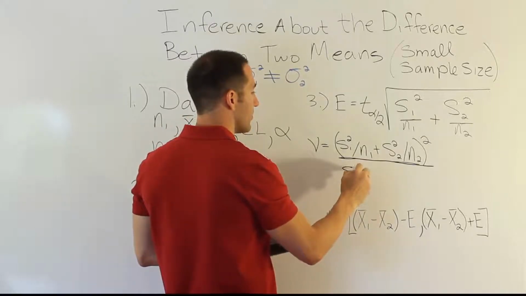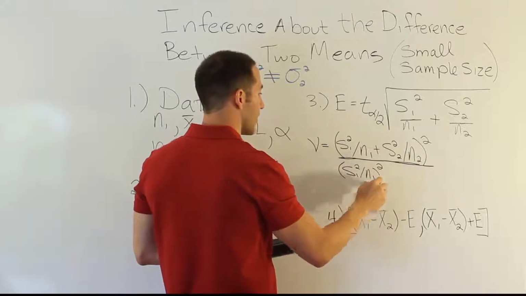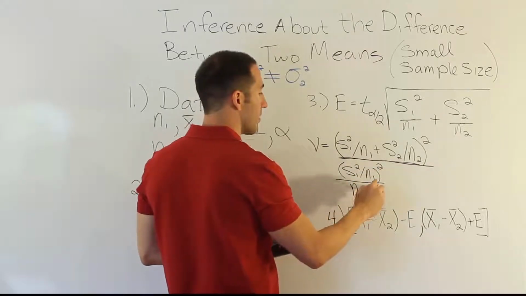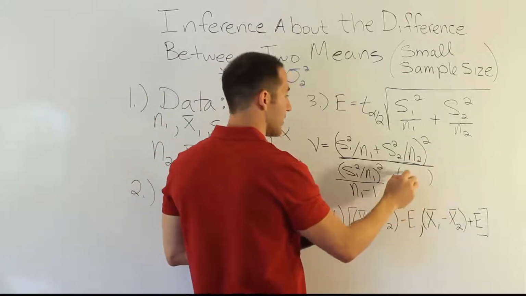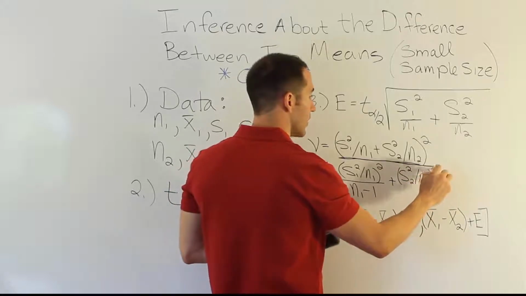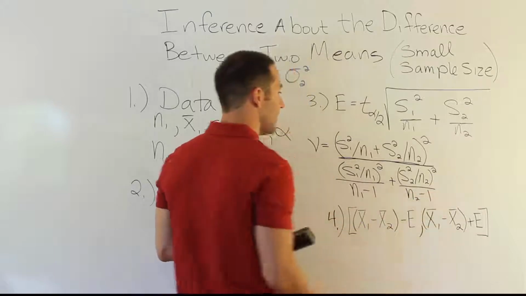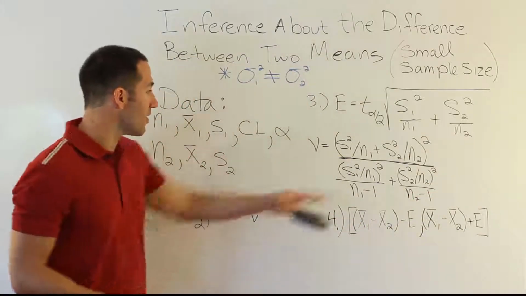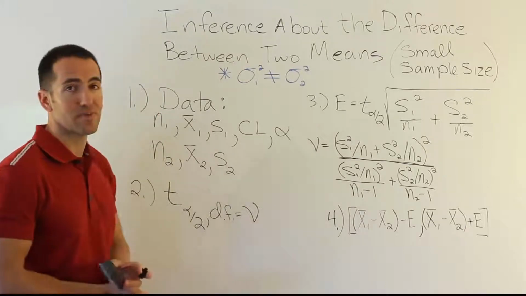We're going to have s1 squared divided by n1, quantity squared, over the degrees of freedom n1 minus 1, plus a similar fraction on the other side here, s sub 2 squared divided by n2, quantity squared, divided by n sub 2 minus 1. So it's a pretty ugly formula. All that just to calculate the degrees of freedom for the t-distribution that we're going to use in this problem.